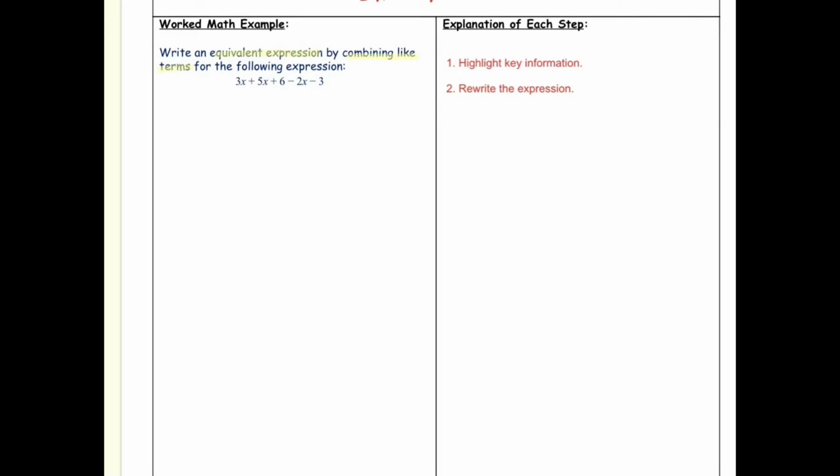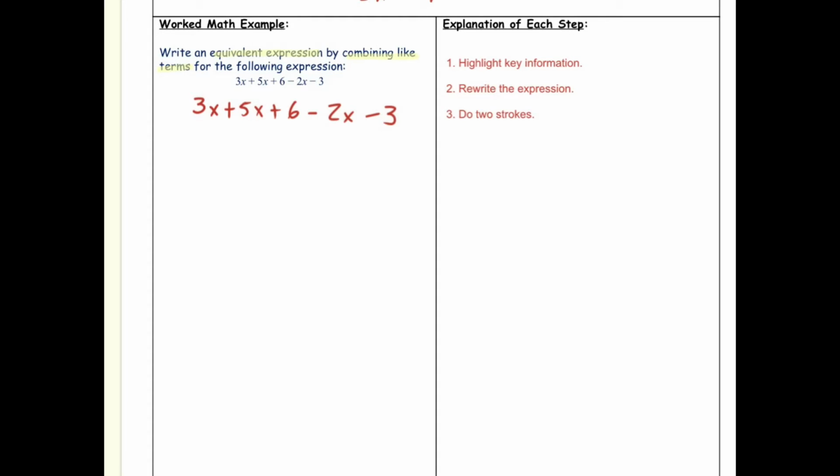Now I'm going to rewrite the expression. So I get 3x plus 5x plus 6 minus 2x minus 3. My next step will be to do two strokes for all my minus signs.